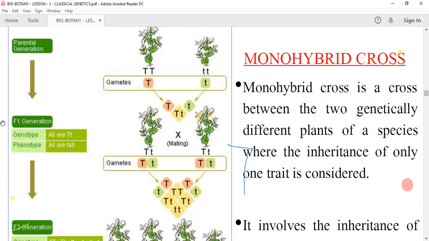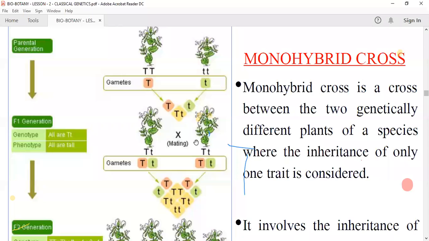So in the F1 generation, what does F1 generation mean? First filial generation. In the first filial generation, what can we get? All tall plants. The tall plant, capital T, small t, in heterozygous condition.